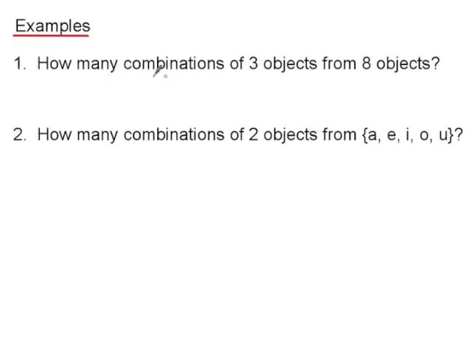In the first example, I want to know how many combinations there are of 3 objects chosen from the 8. This is 8 choose 3. Or using the formula, 8 factorial over 5 factorial times 3 factorial.